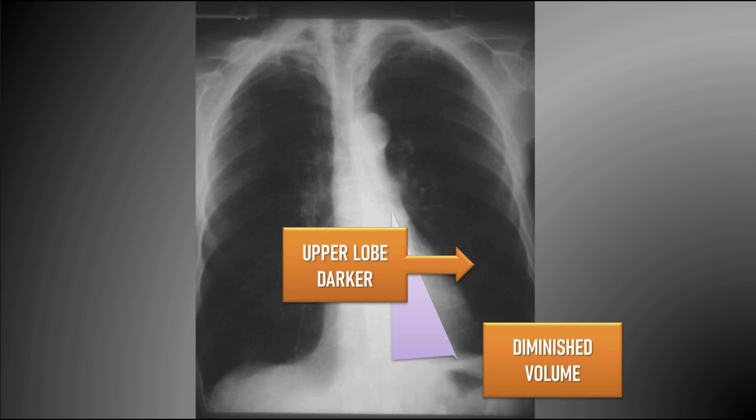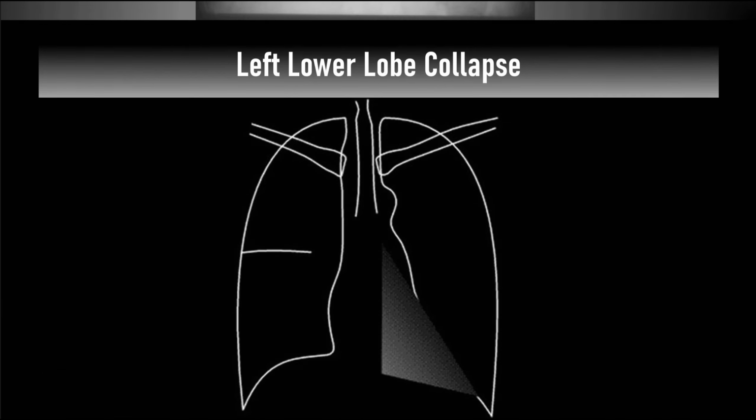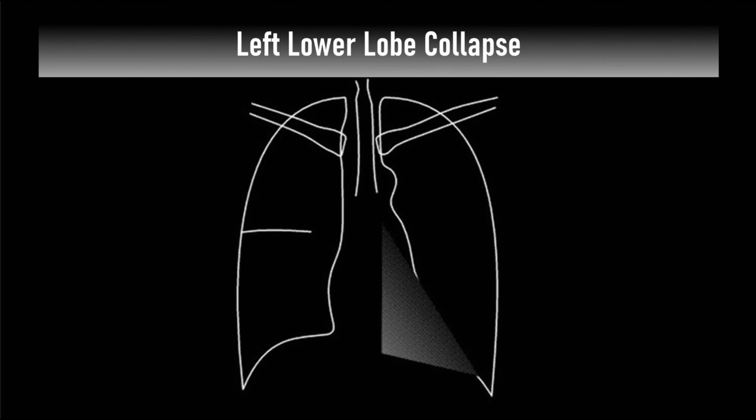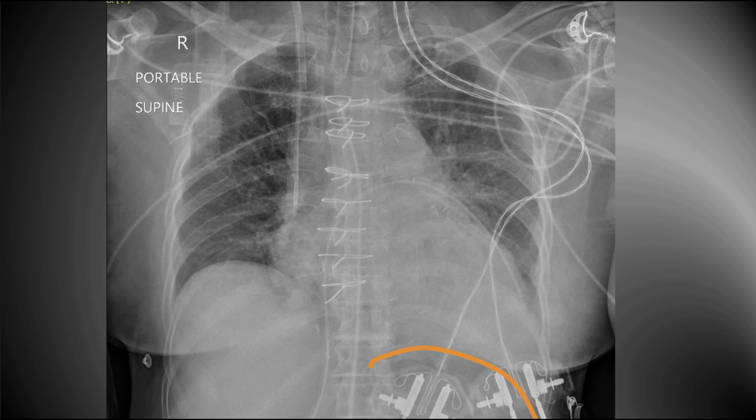There is diminished volume and darkness of the upper lobe, tracheal deviation. This is all left lower lobe collapse. And again, the big thing to look for is that sail sign, typically seen in patients post-cardiac surgery. And you can see in this picture that you can't follow that diaphragm along due to left lower lobe atelectasis.